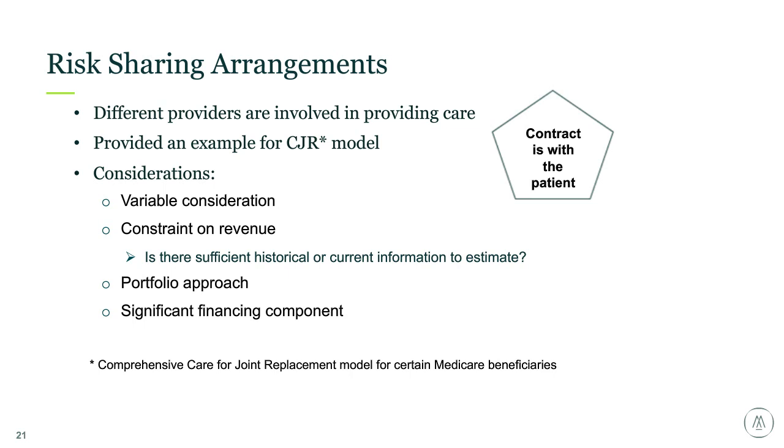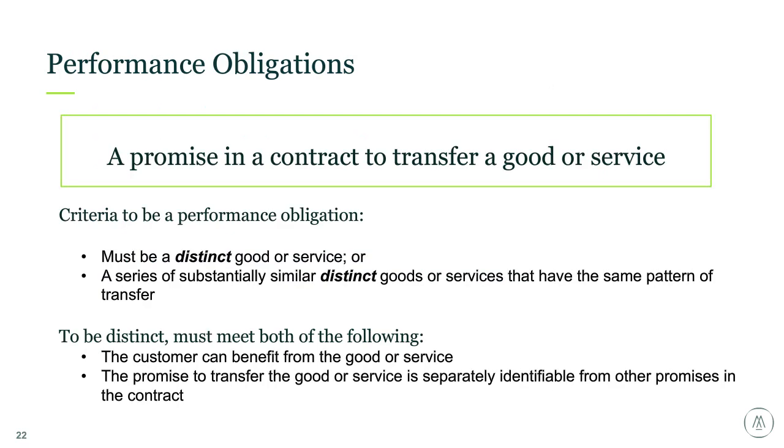And that's usually the issue with those. I imagine that the issues that you're currently dealing with relative to risk-sharing arrangements would be similar to those that you would deal with under Topic 606. Constraint on revenue. Do I have sufficient information to be able to estimate and record revenue at any particular time as I approach a period end?